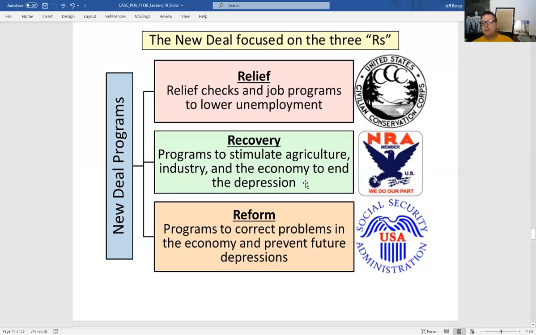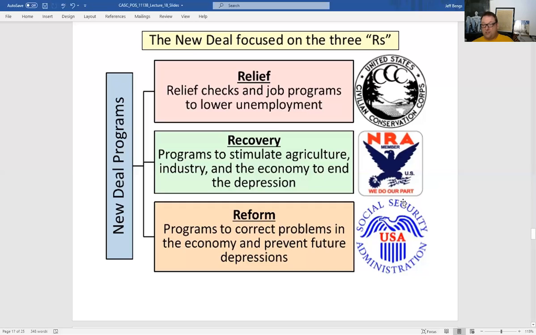Recovery programs are to help stimulate industry and agriculture, because the farmers were hit so hard because of the Dust Bowl, as well as the economy. And then reform programs work to correct problems in the economy. They're a preventative type of measure to hopefully prevent future depressions.